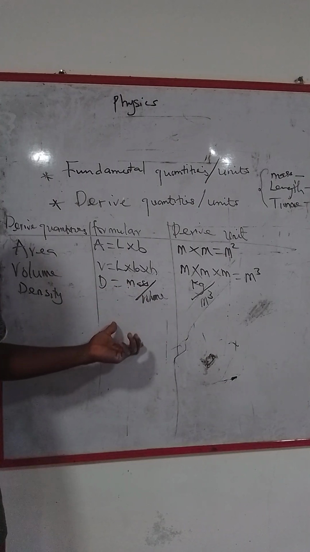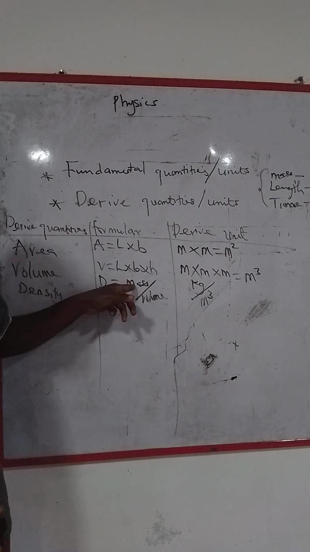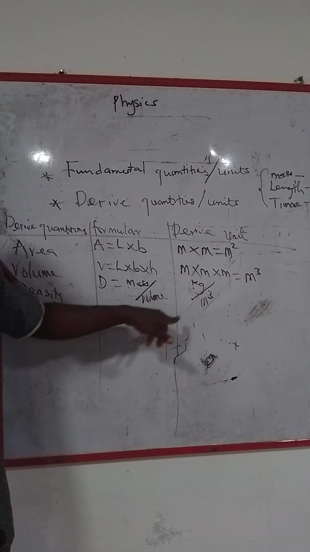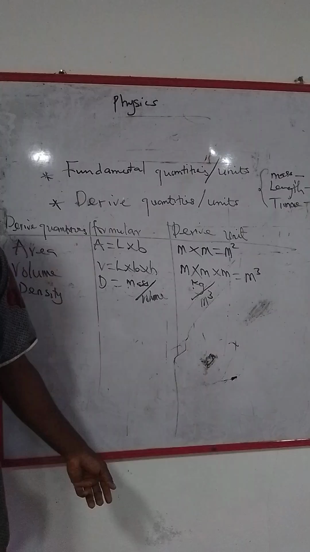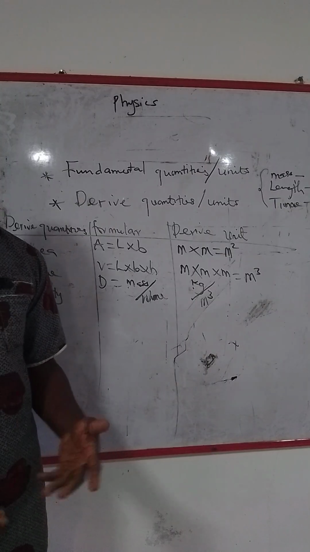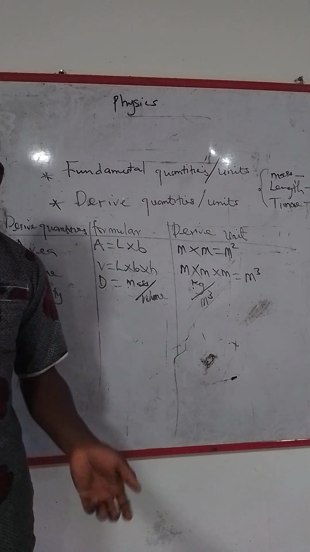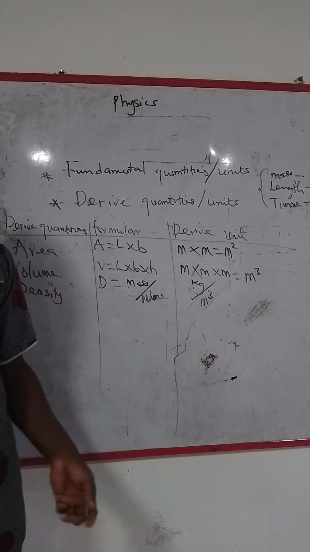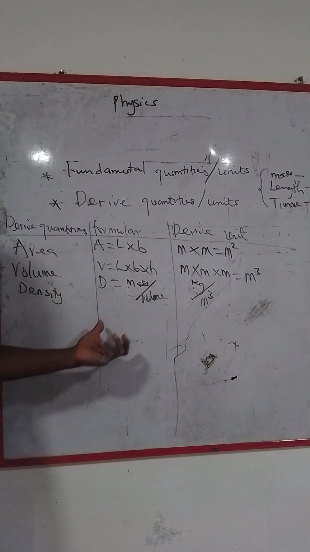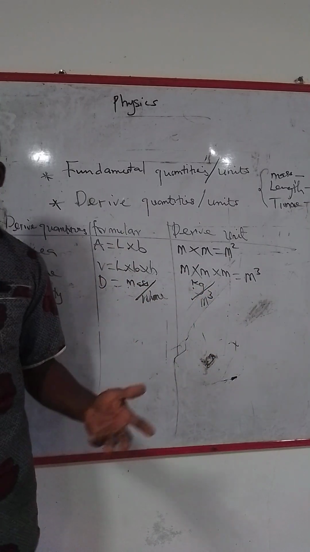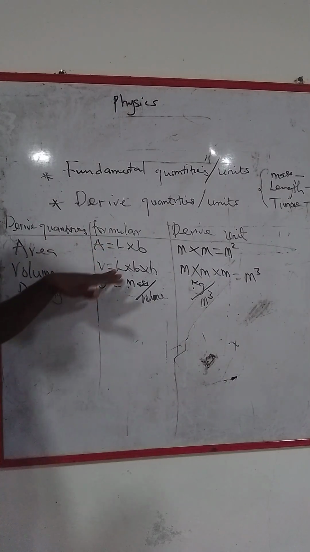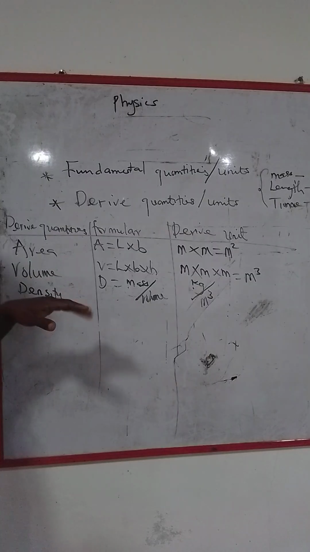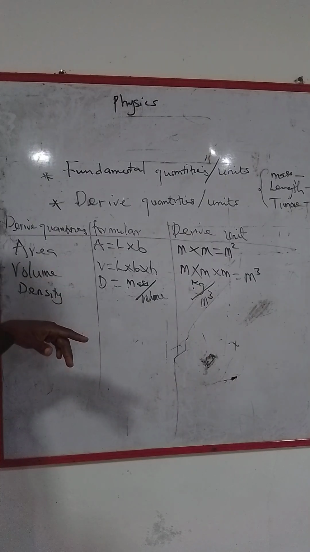Look at it now, very simple. Mass is up there, then the volume is at the denominator. So it's kilogram over volume. In physics, we don't say over. We say kilogram per meter cube. So it's the formula that guides you on how the units will be. Very simple. You don't need to disturb yourself. The formula guides you. Right?